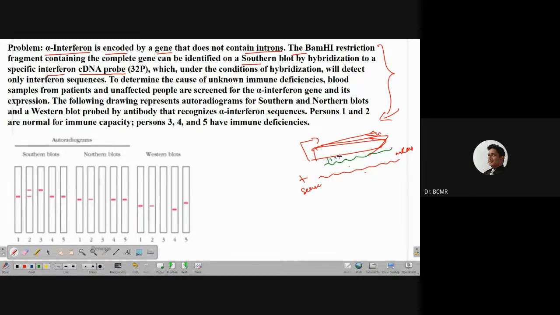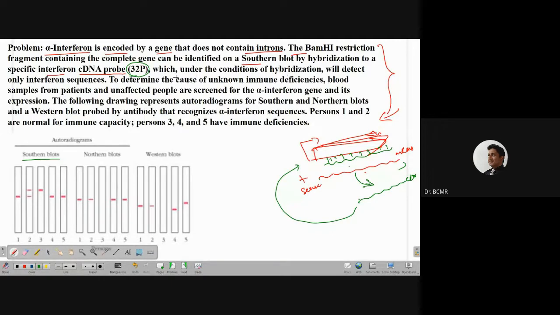Only then will it be able to base pair. So what they have done in this particular experiment is that they have made cDNA, which is complementary DNA. There are steps which we will get to at a later stage. We'll also discuss probe preparation later. So they have used reverse transcriptase to make a cDNA of this, and then they have used it as a probe for the Southern blotting experiment. Here, that is the Southern blotting experiment. And we'll also discuss how to radiolabel as well.